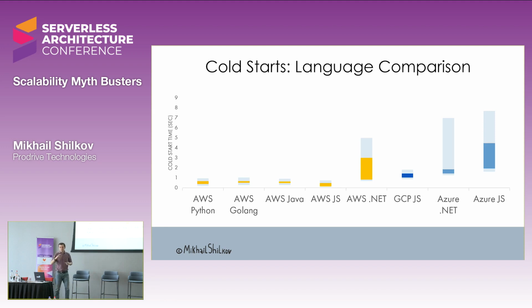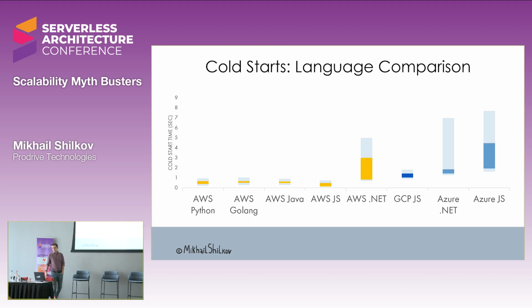And the bold color is the most probable range. Like 2/3 of your requests will end up in this colorful bar, and the bigger bar is like 98% of requests. Okay? So you see that almost all AWS requests for hello world functions again will complete within 1 second.